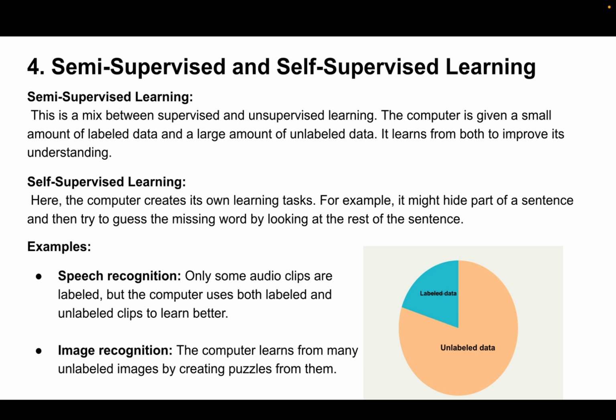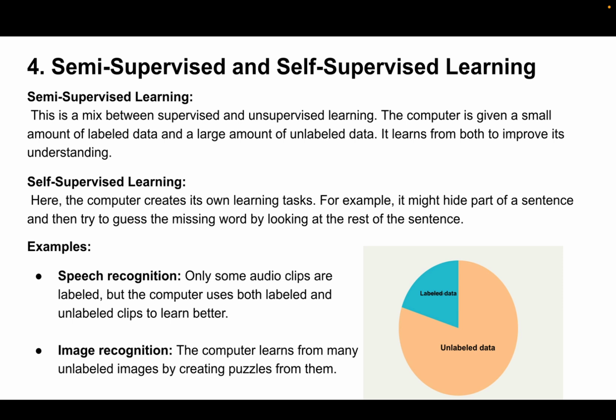That's semi-supervised learning. Self-supervised learning. Here, the computer creates its own learning tasks. For example, the computer might hide a part of a sentence and then try guessing the missing word by looking at the rest of the sentence. That's self-supervised learning. So it's pretty simple to understand semi and self-supervised learning.